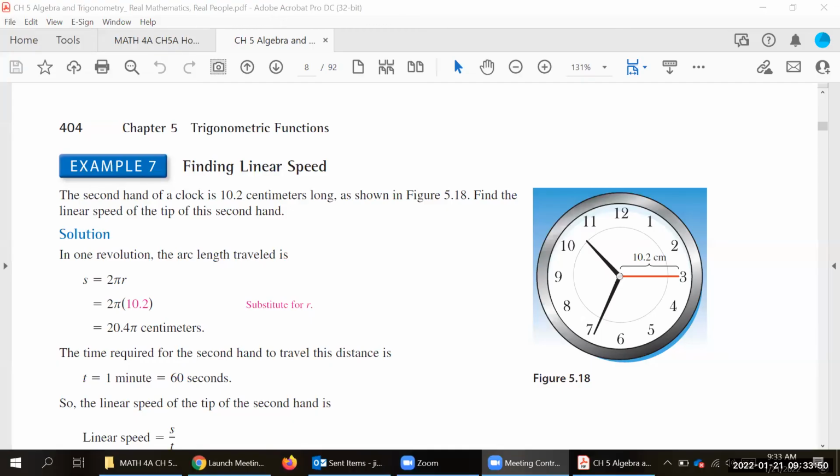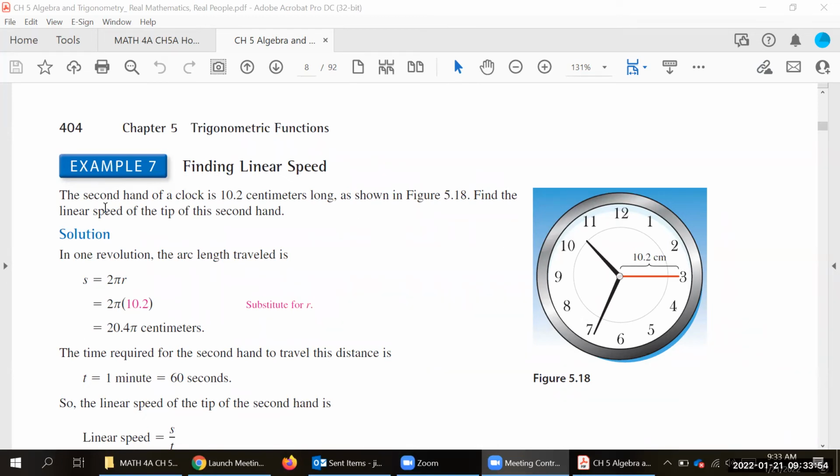I love asking these questions that involve an everyday object in your house, definitely in the classroom. The clock.